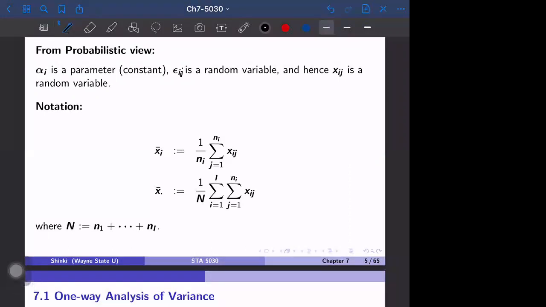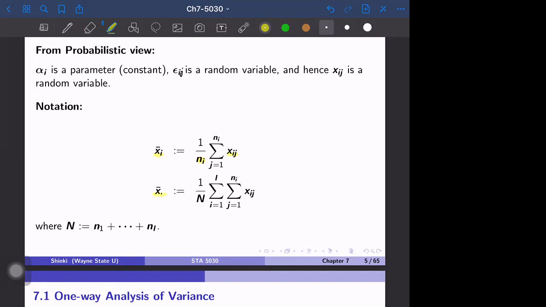And we define several quantities. The first one is x bar_i, the sample mean for the ith group. This is 1 over n_i times the summation of x_ij over all j, j equals 1 to n_i. And x bar dot is the overall average.